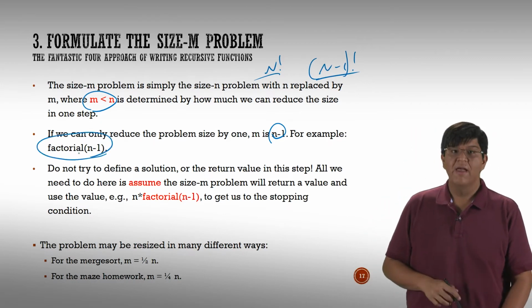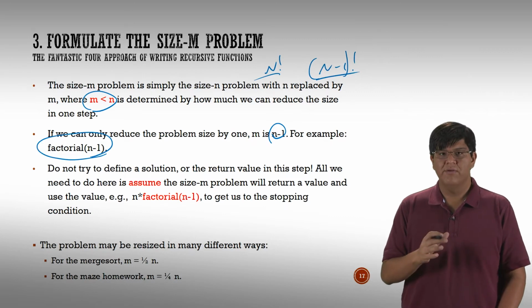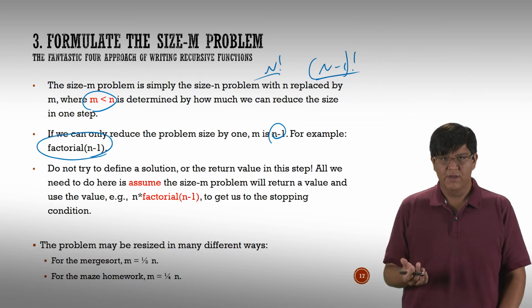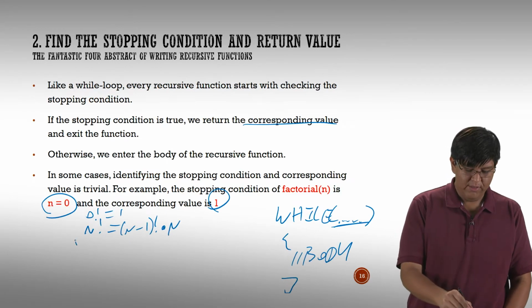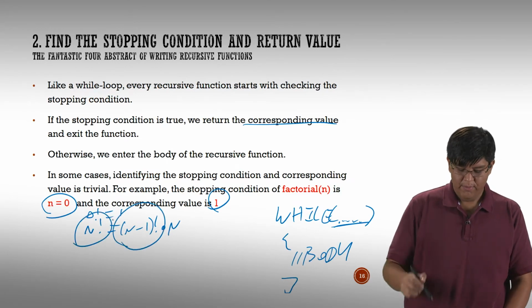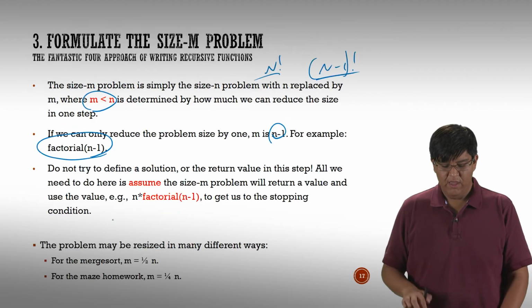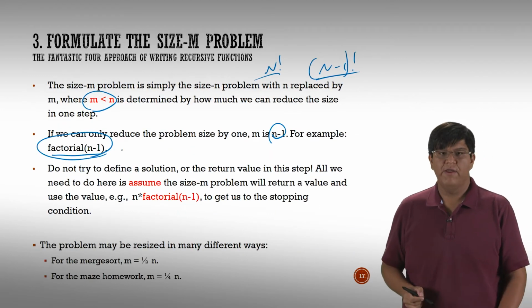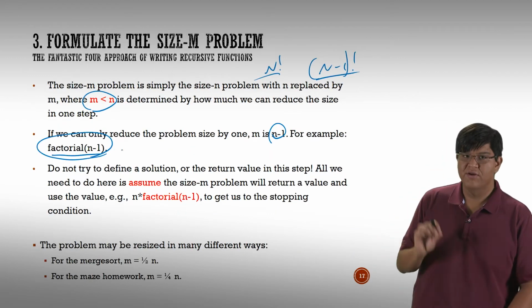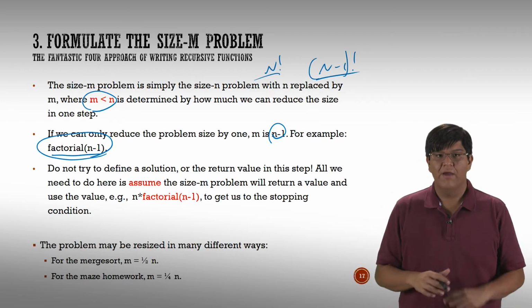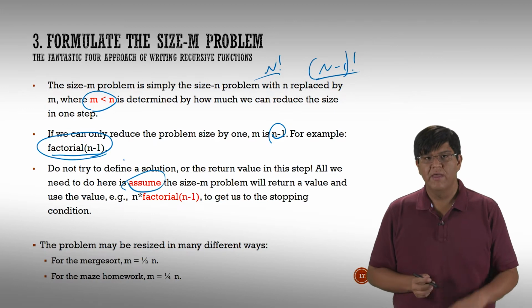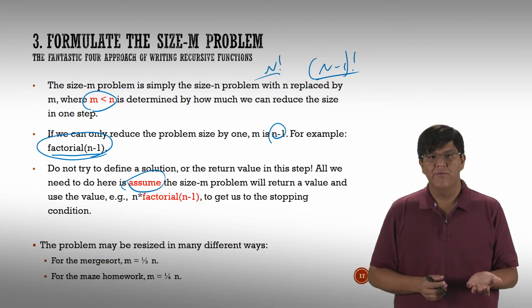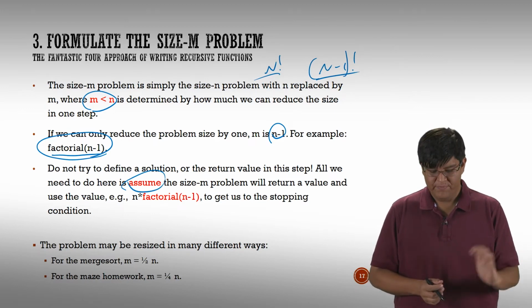This is the whole problem, this is your subproblem, and the work inside is to call factorial of n minus 1. When we rewrite this, we are in a sense assuming it's legitimate to do so, that factorial already exists, or will exist when we're done.